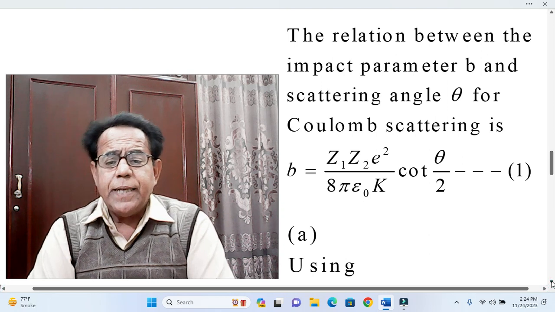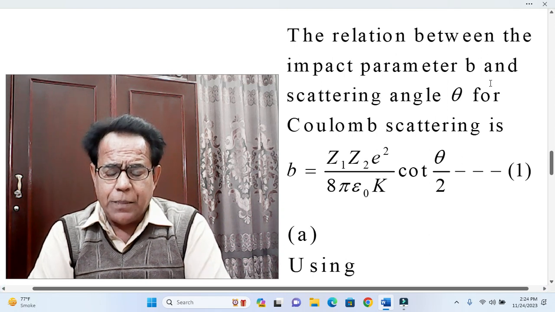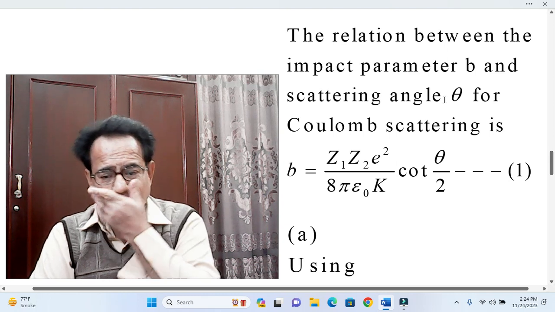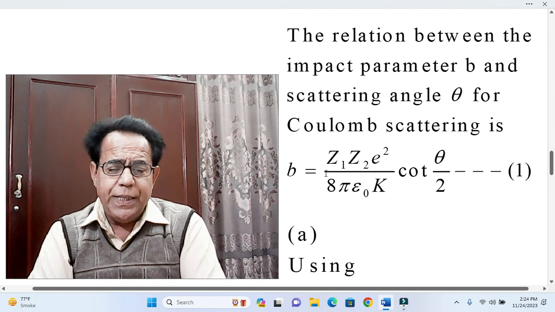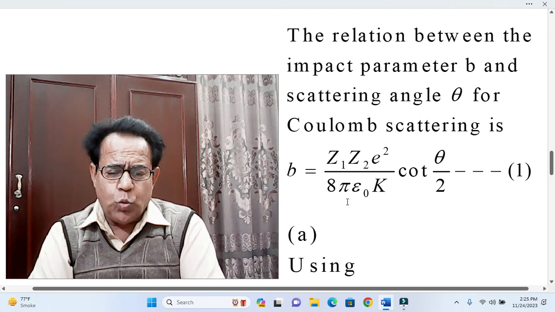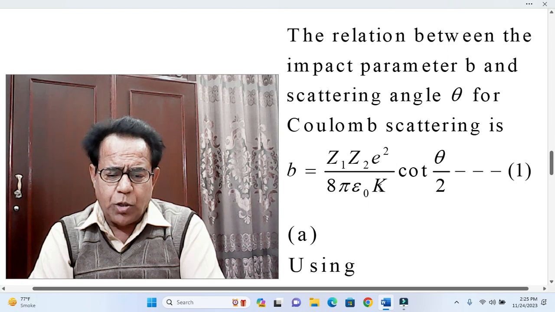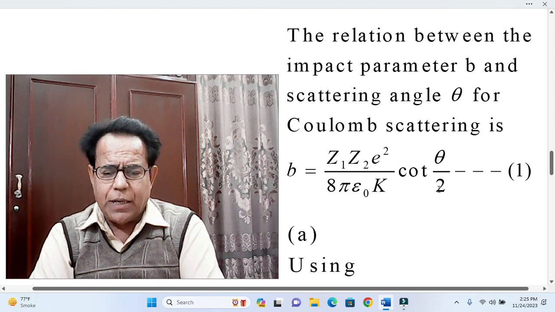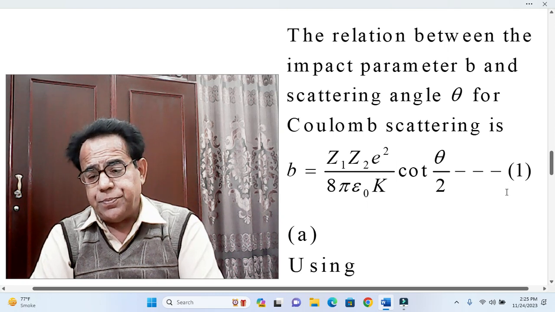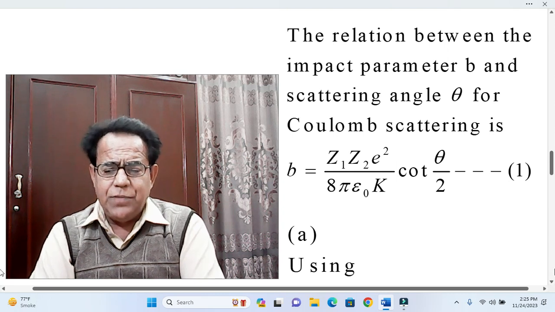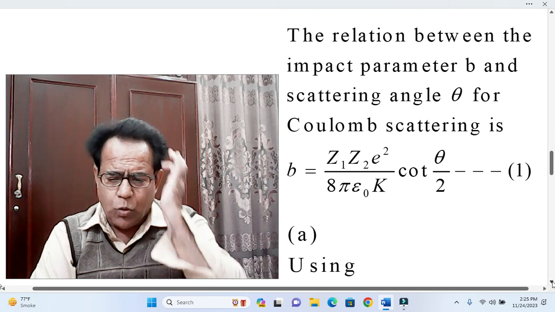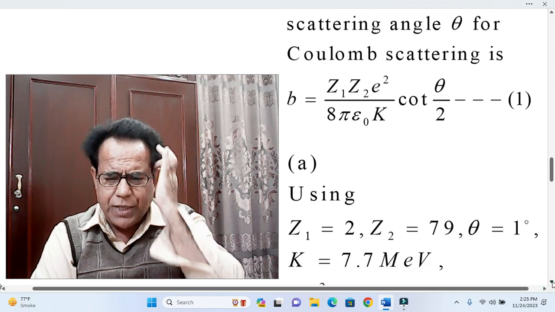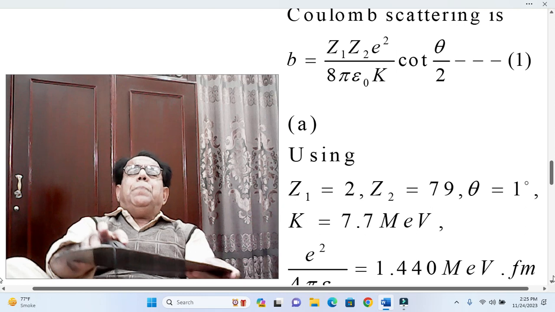The relation between the impact parameter b and scattering angle theta for Coulomb scattering is b equal to Z1 Z2 e square over 8 pi epsilon naught K into cot theta by 2. Equation number 1. What we have done, we have just utilized the snapshot, either upper or lower, because both snapshots are exactly the same.